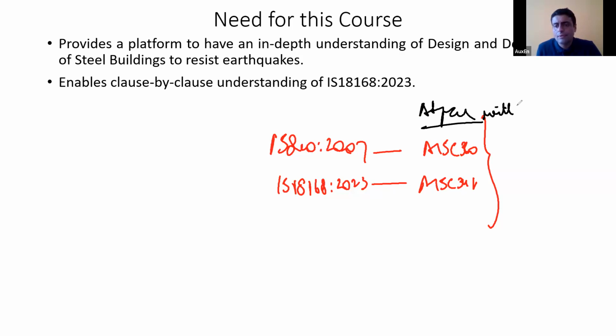They directly lift the clauses from American codes and put them in the Indian code. That has meant our Indian codes are now at par with the American codes, and the philosophy is almost similar now.